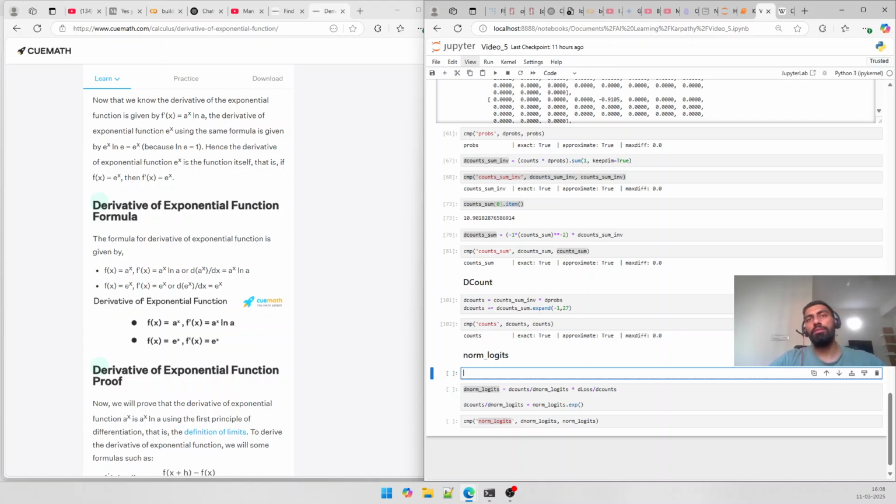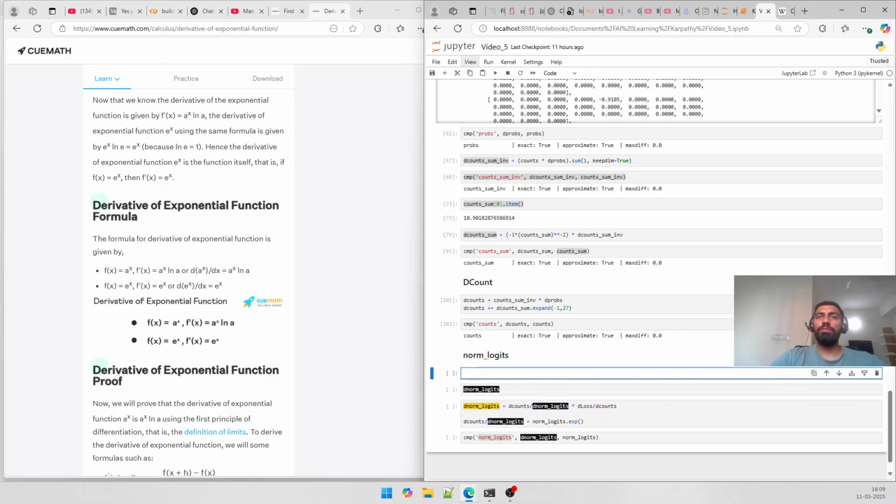Okay, and not all of them are happening, so that's fine. So this will be equal to, let's get the shape of both of them just to make sure they are right. So counts dot shape and shape of this individual.